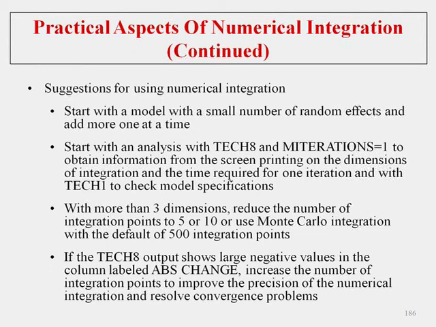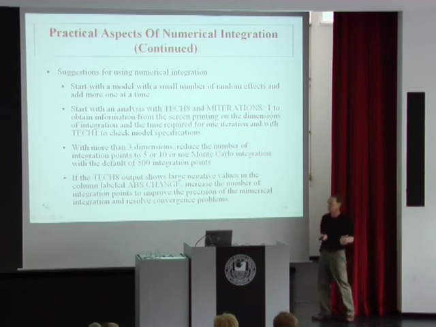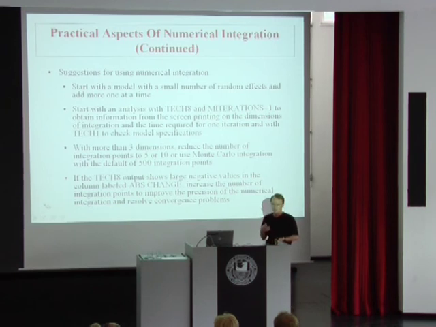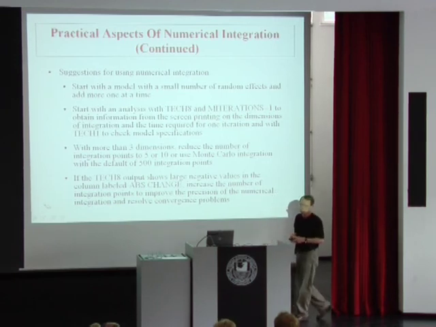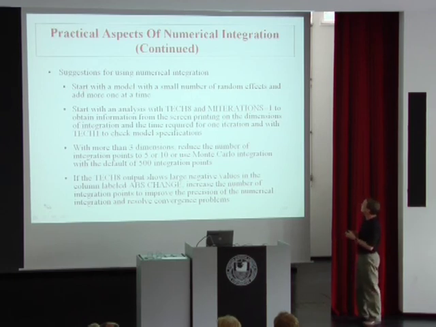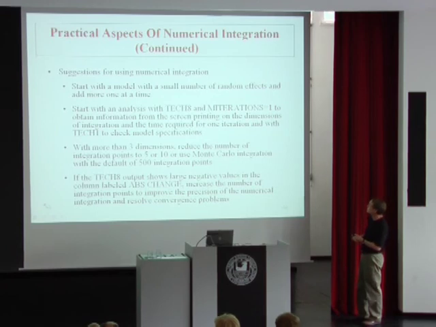I alluded to that when I talked about the quadratic growth model. Very often, the intercept has a lot of variation, and the linear slope has variation, but the quadratic doesn't have much variation, perhaps not significant variation, and you can let that be fixed, fixing its variance to 0. Then you would cut out one random effect and have one less dimension of integration.